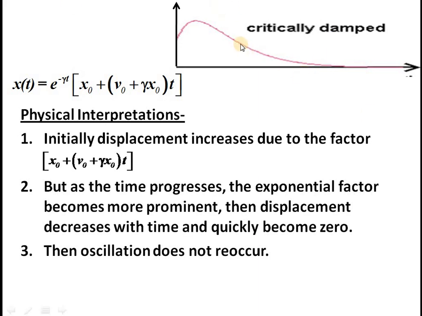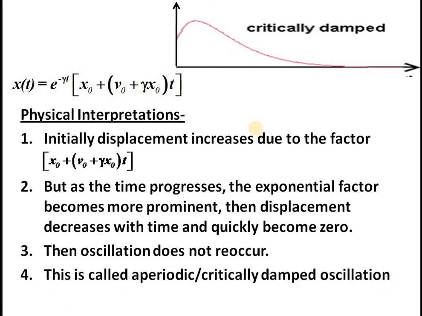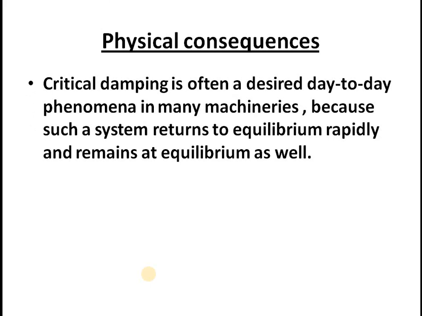Instead, its amplitude goes on decreasing to 0. That is a good example for the critically damped case. Such oscillations are called aperiodic oscillation or critically damped oscillation.